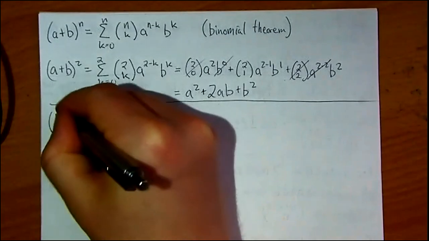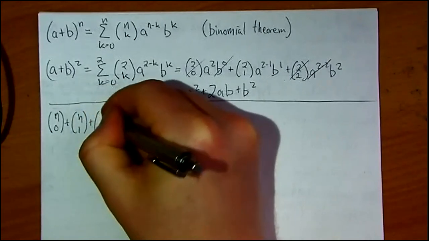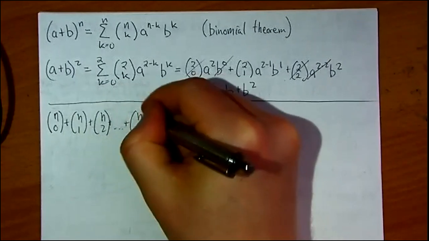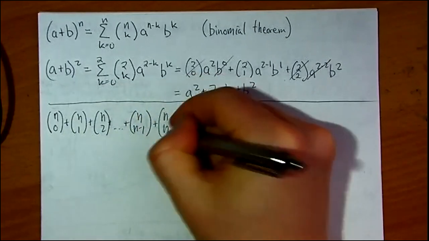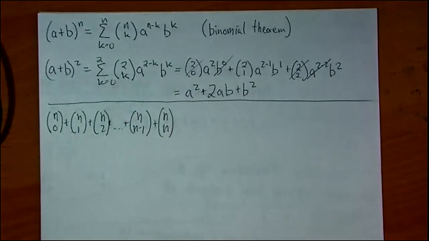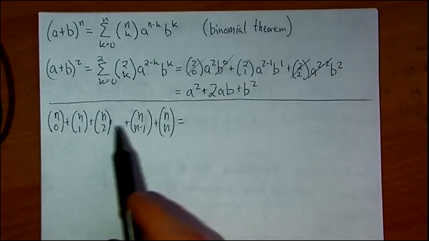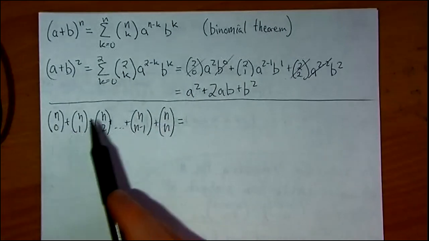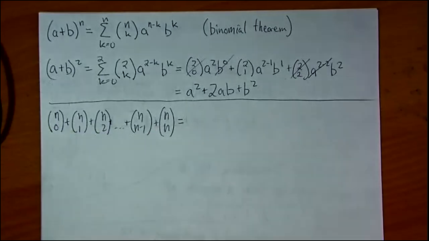N choose 0 plus n choose 1 plus n choose 2 plus yada, yada, yada, plus n choose n minus 1 plus n choose n. Okay, and I want to know what this is. In other words, I want to add up all the different ways of choosing from n objects. If I choose 0 or 1 or 2.